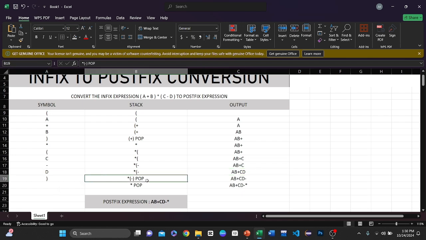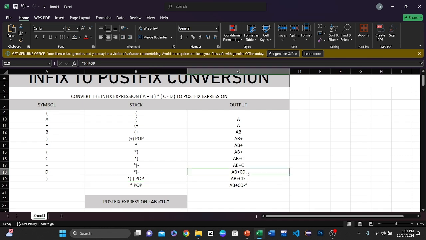So diri, since nabutang naman ang close parenthesis, i-apply na nato ang fourth rule. Ang atong fourth rule is if the operators are placed between the parentheses, it should be popped and the operator will be put into the output.